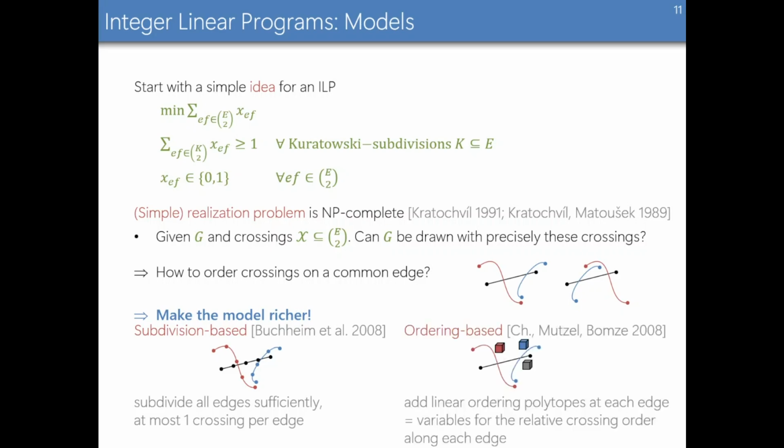The other idea is to add linear ordering polytopes, so the linear ordering problem for each edge, and enrich the problem with that, which is just mathematically much more messy, but it works out faster in practice.